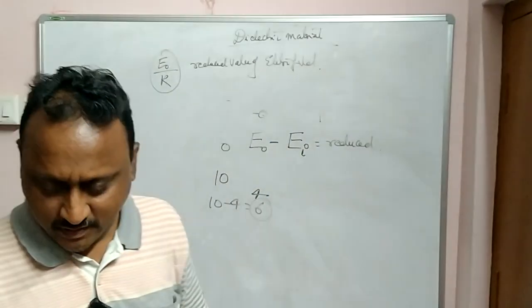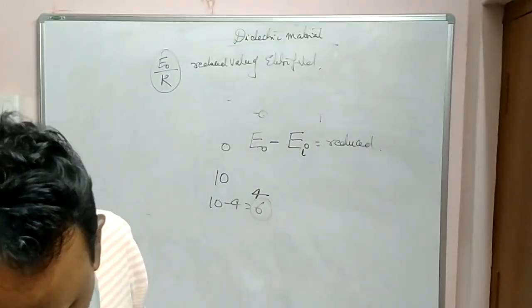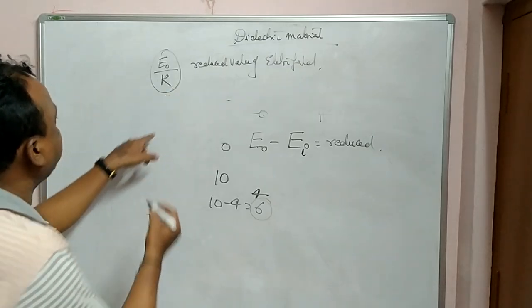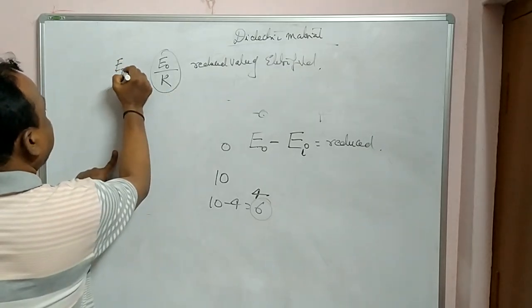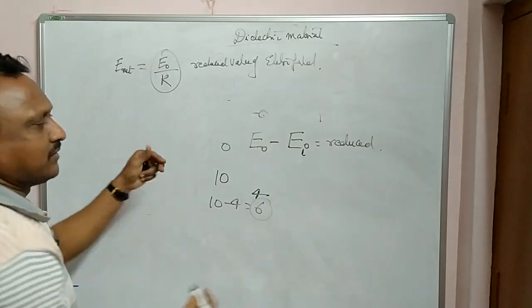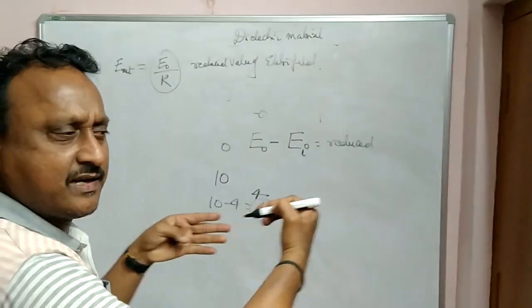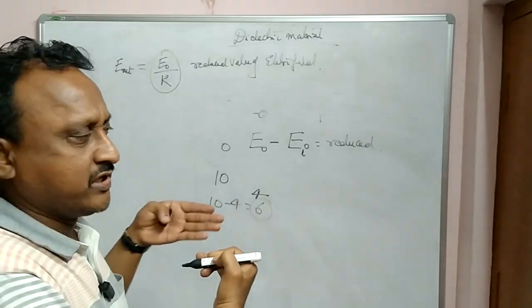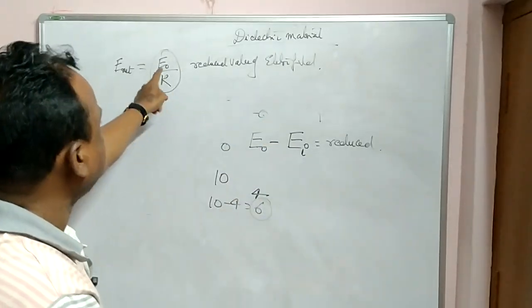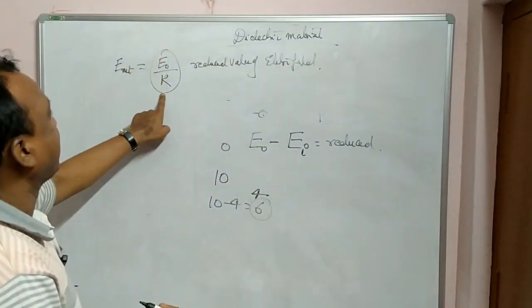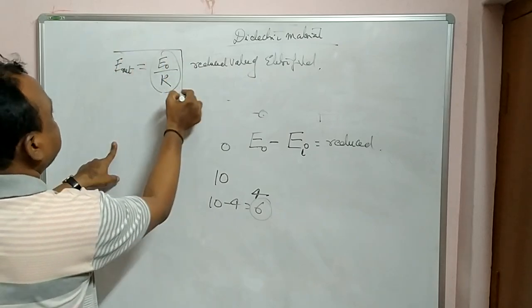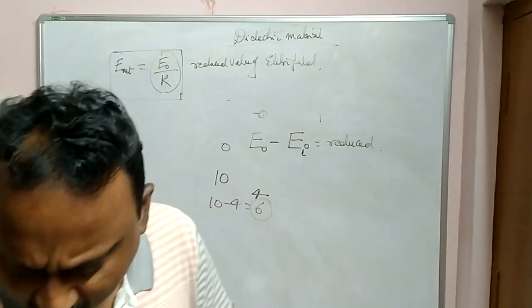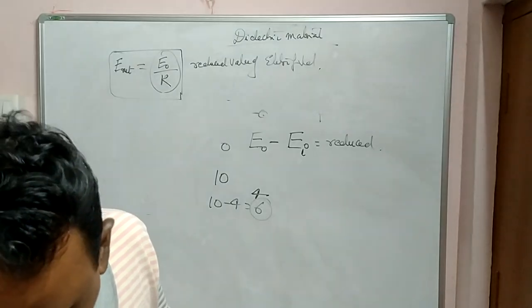So when dielectric material is introduced, the value decreases. The effective E net value, because of the induced field in the opposite direction of the dielectric material, while the original one is in this direction, so E0 minus Ei is reduced. So E net becomes 1 by k times. Clear? Due to the polarization.